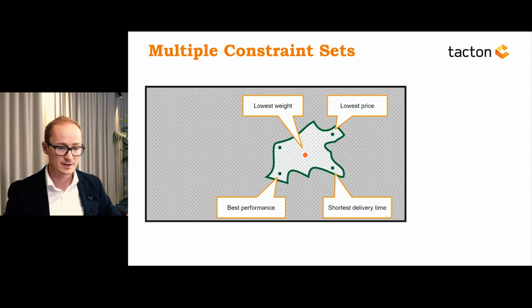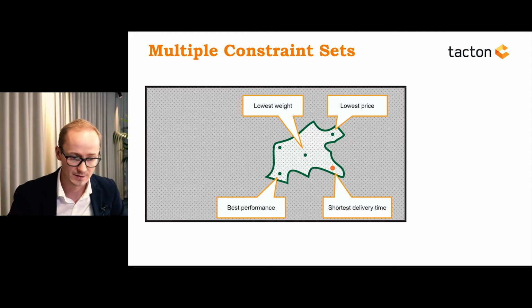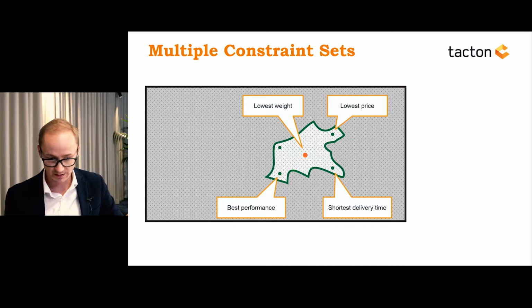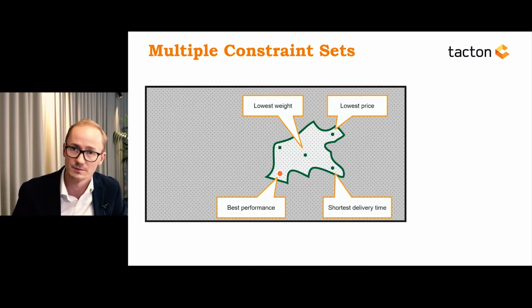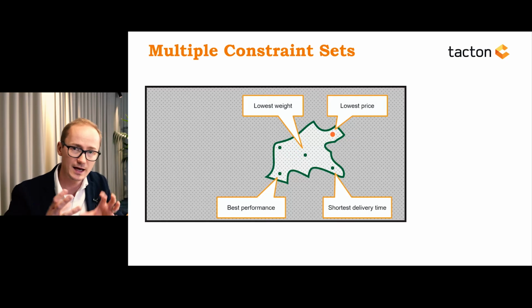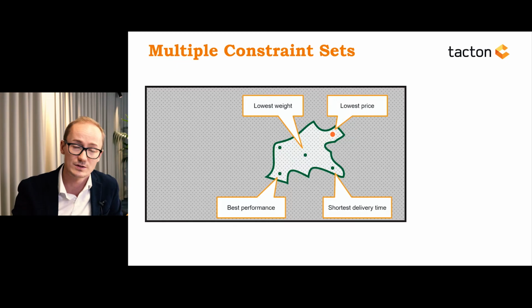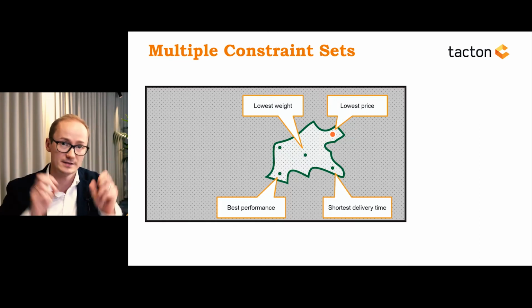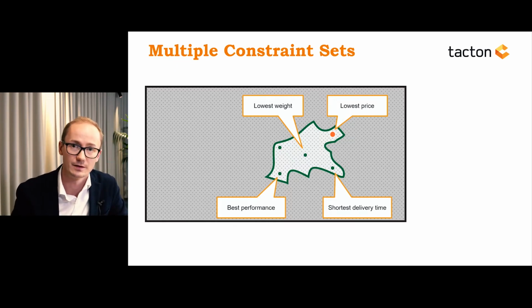Within the solution space, we can use optimization, saying select the one with the lowest weight, the lowest price, the shortest delivery time, or the best performance. So we can actually tweak how the configurator is finding its solutions and which one it picks to be best, or what it deems the most appropriate. What is the optimum?